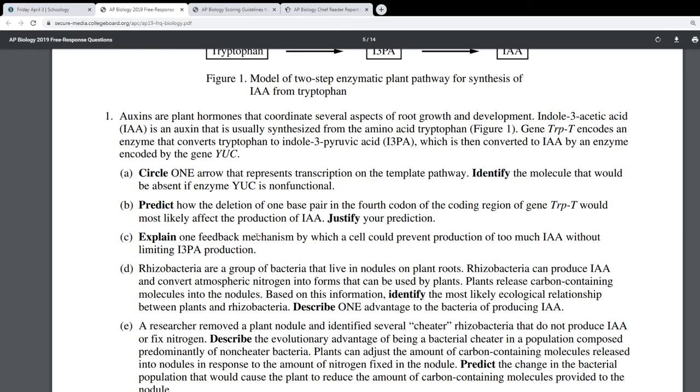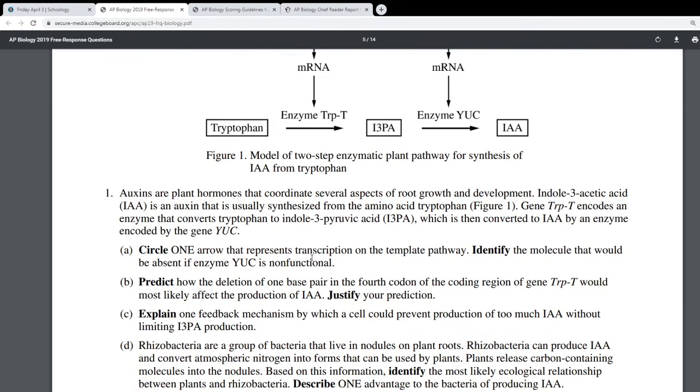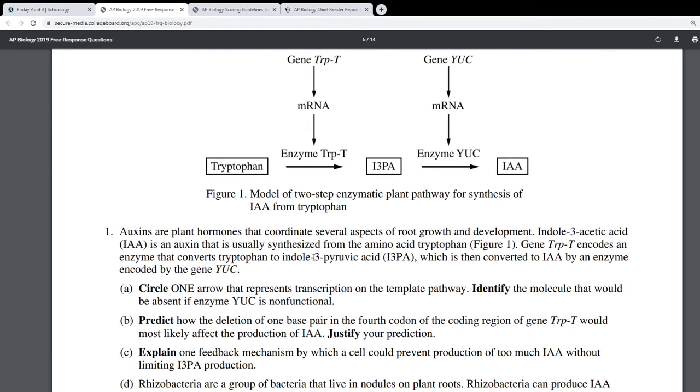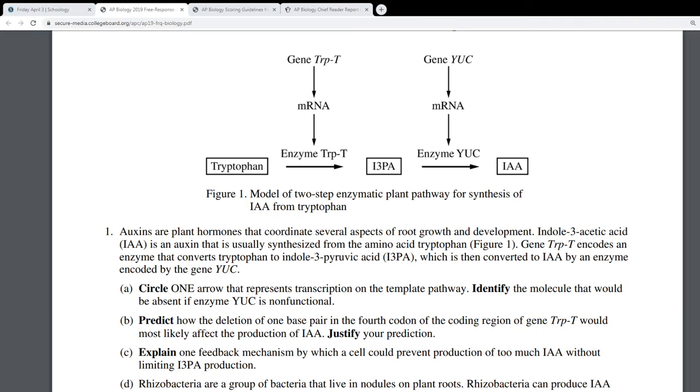Explain one feedback mechanism by which a cell could prevent production of too much IAA without limiting the I3PA production. One feedback mechanism. That's very specific. There are only two feedback mechanisms that we've gone over all year.